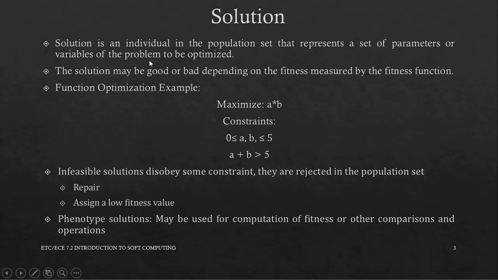Whenever we talk of a problem, we are referring to this optimization problem. A solution is an individual in the population set that represents a set of parameters or variables of the problem which are to be optimized. The solution may be a good solution or a bad solution depending on the fitness, which is measured by the fitness function.